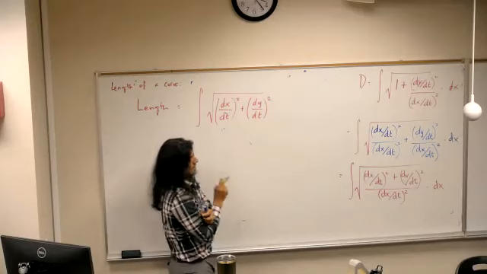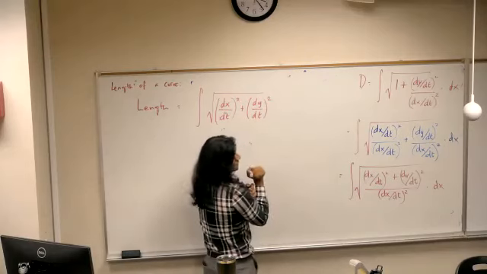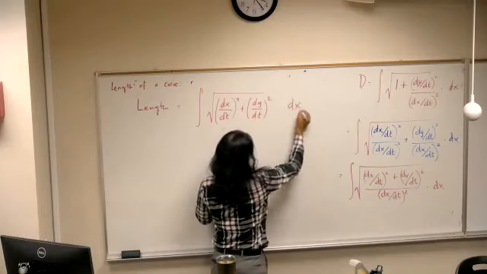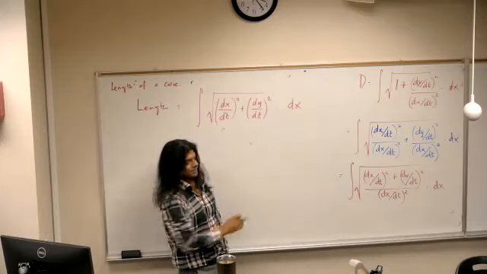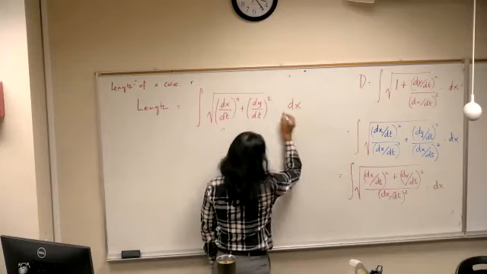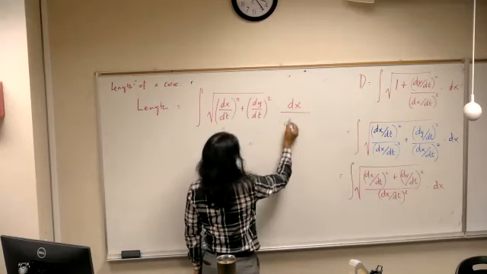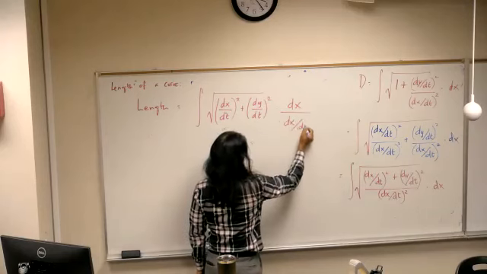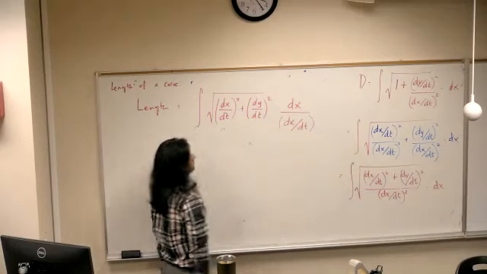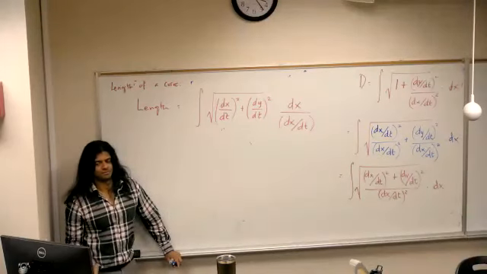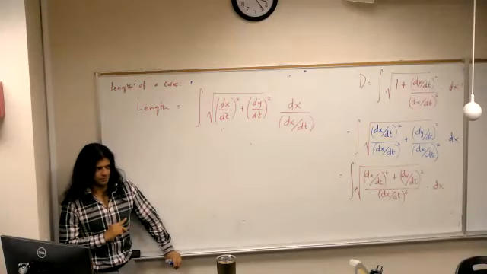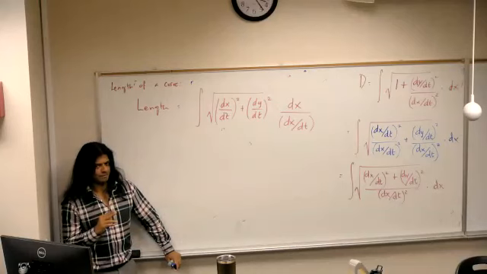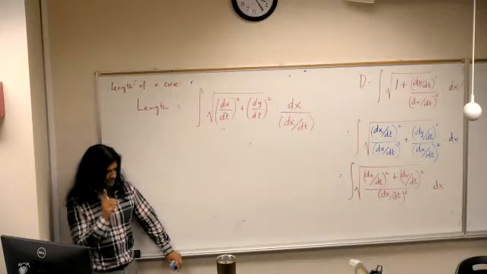Times dx. The denominator comes out of the root, it becomes dx over dt. What do we do at this point? Think of fried chicken. Keep, change, flip.